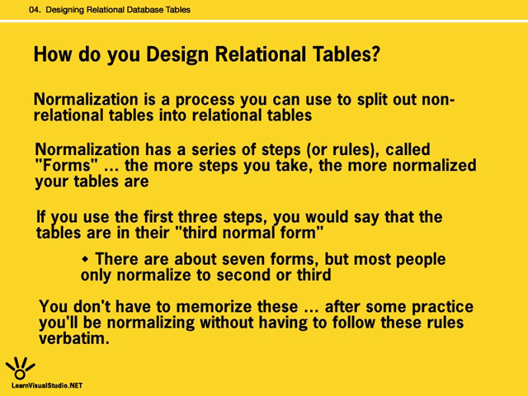Now, there are about 7 forms of normalization. Most people never normalize past the second or third form because it does introduce a bit of theoretical complexity into the mix. However, as you continue on in your progress and working with databases, no doubt you'll become introduced to some of these concepts and be more familiar with the steps of normalization.